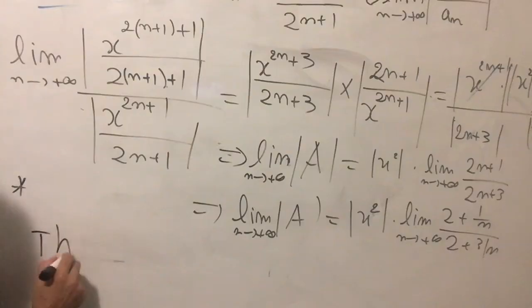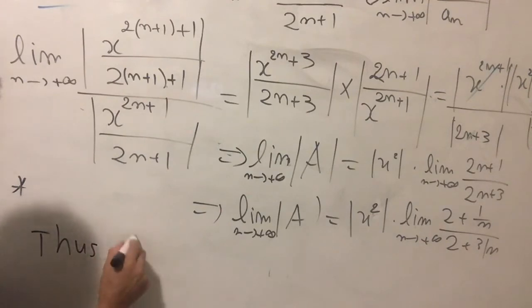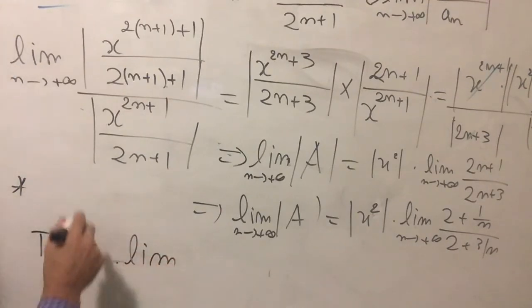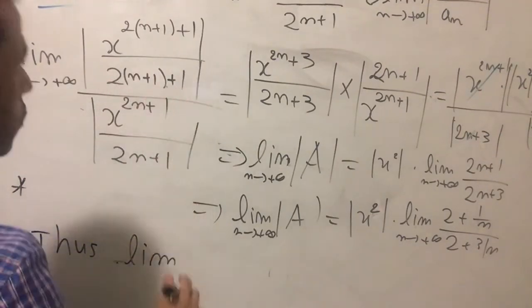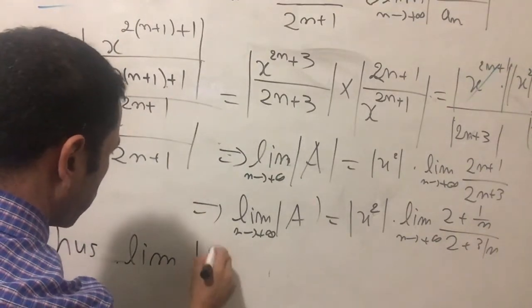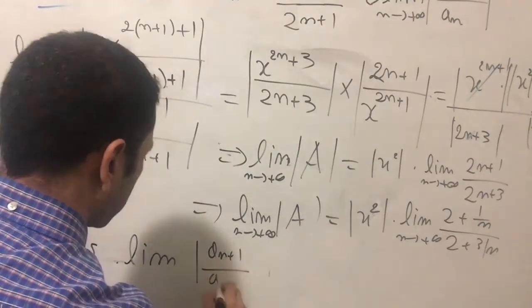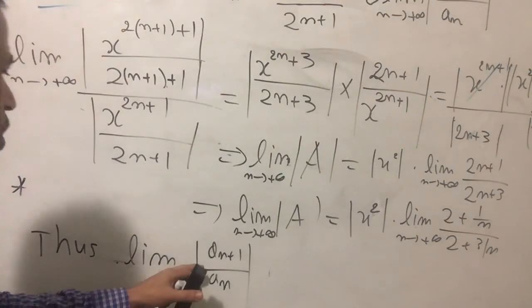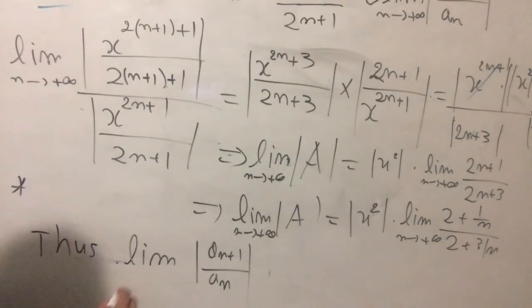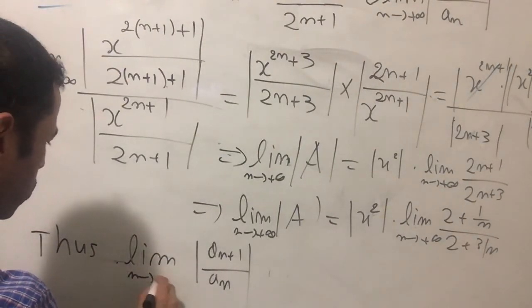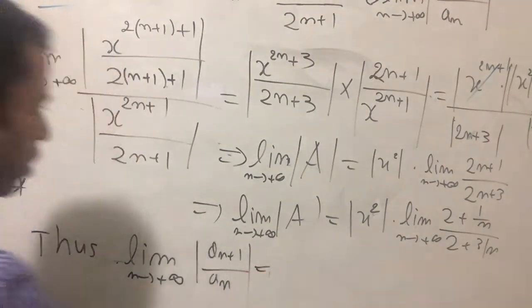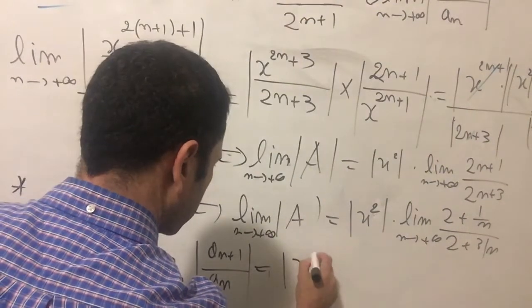Thus, the limit of this ratio, the absolute value of a sub n plus 1 over a sub n, as n goes to infinity is giving us the absolute value of x squared.